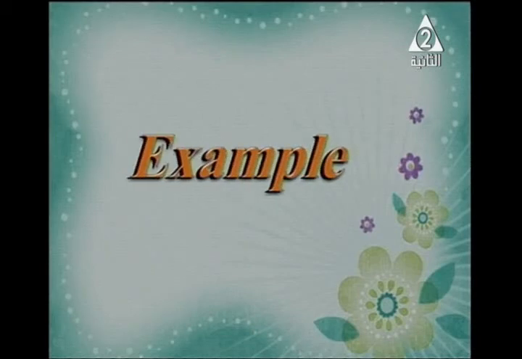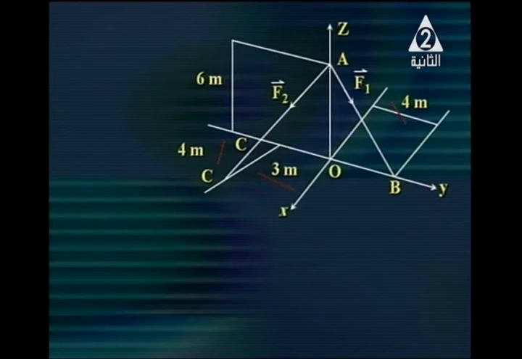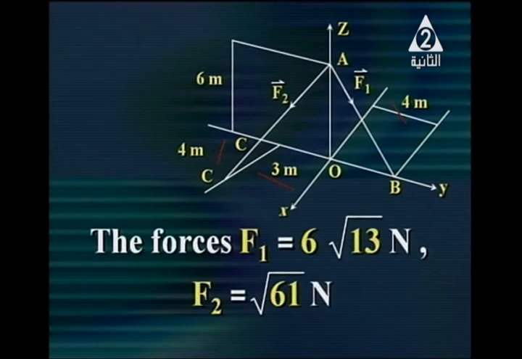Now we move to another example. Look, dear student, we have two forces. F1 has the value 6 root 13 newtons, acting along AB. F2 equals the square root of 61 newtons, acting along AC.